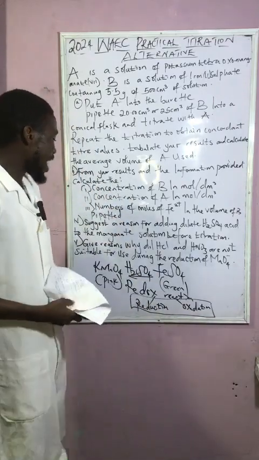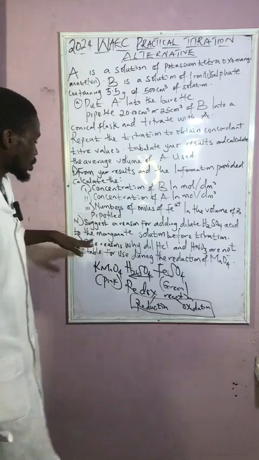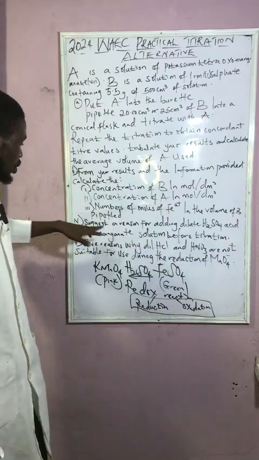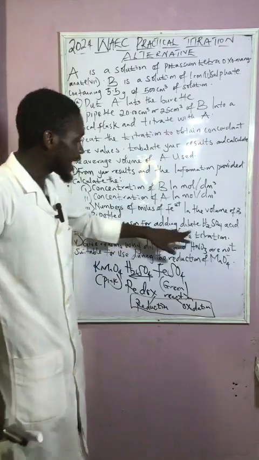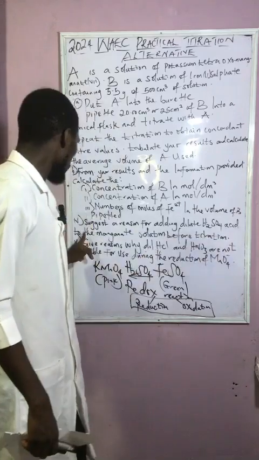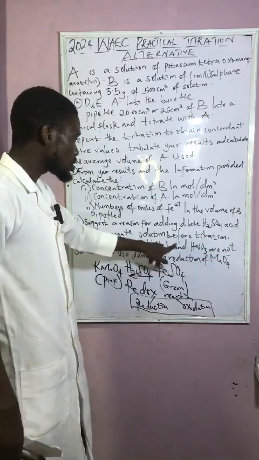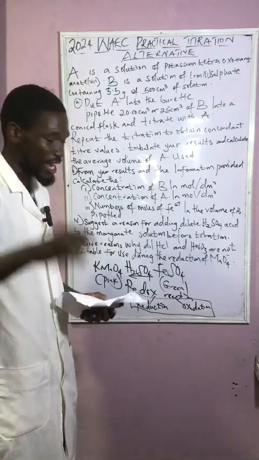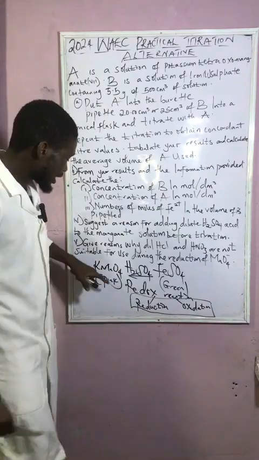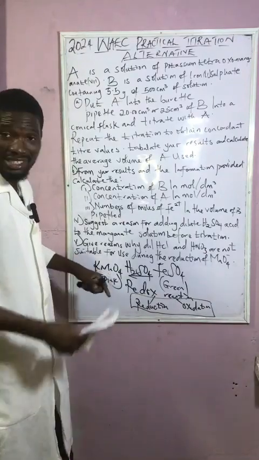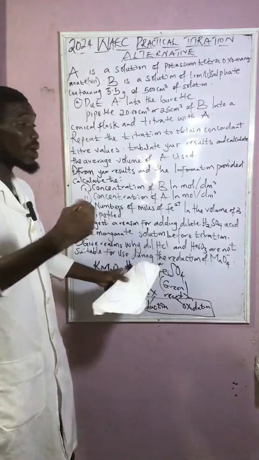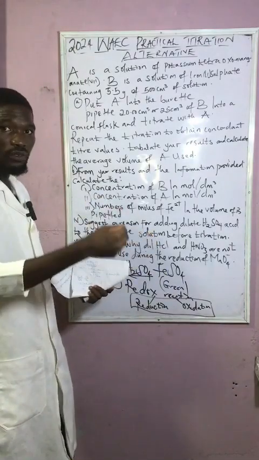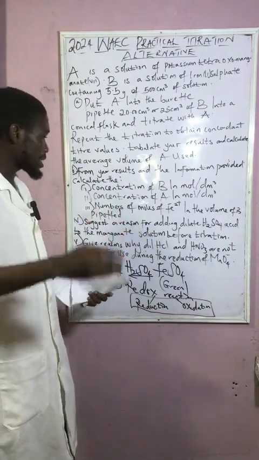The main reason why I dropped this last question, or the fourth question, is that it suggests a reason for adding dilute sulfuric acid to the manganate solution before titration. Sulfuric acid has an effect because this KMnO4 serves as the indicator already. So what is now the effect of the sulfuric acid? I'll be explaining that.